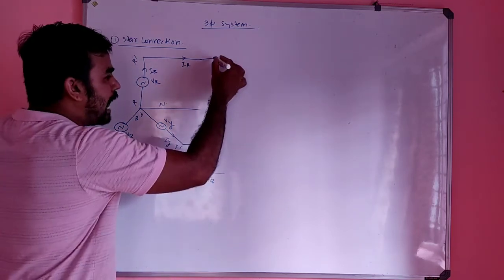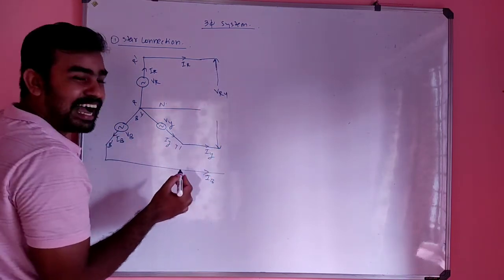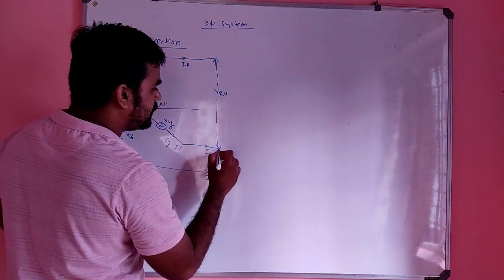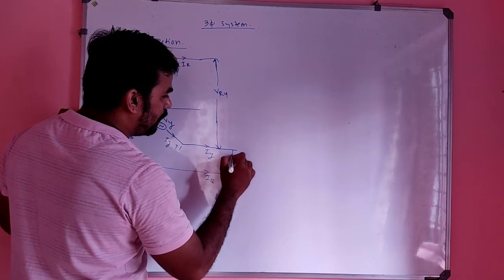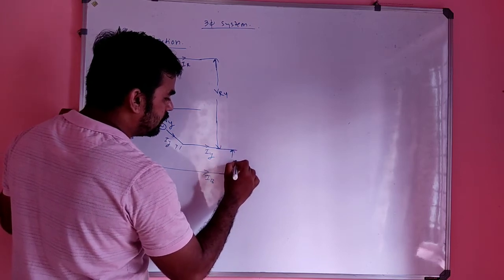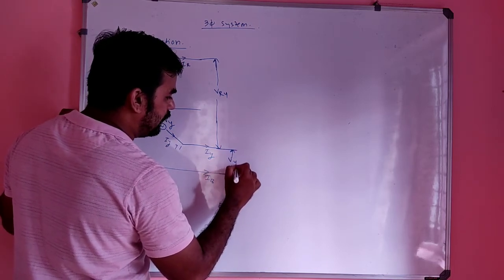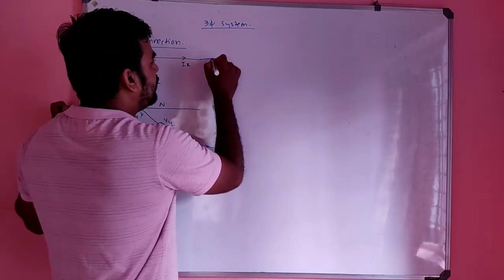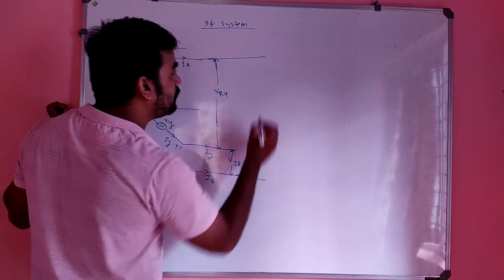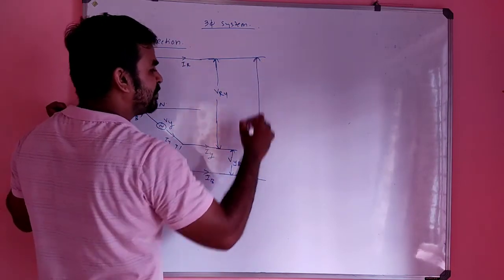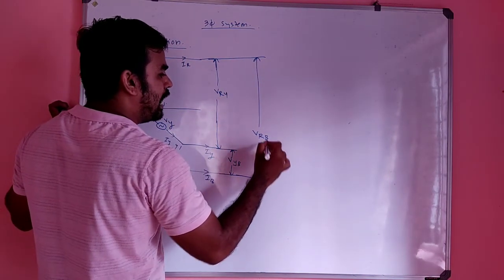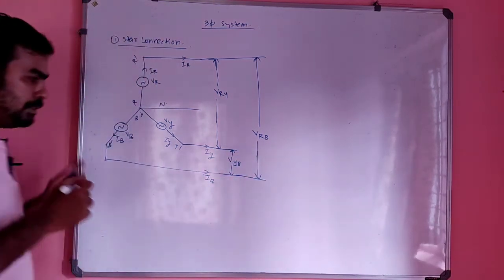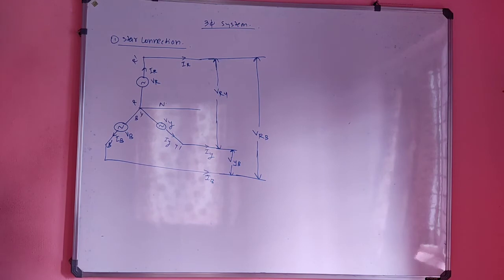The voltage between R and Y is termed as VRY, the voltage between Y and B is termed as VYB, and the voltage between R and B is termed as VRB.